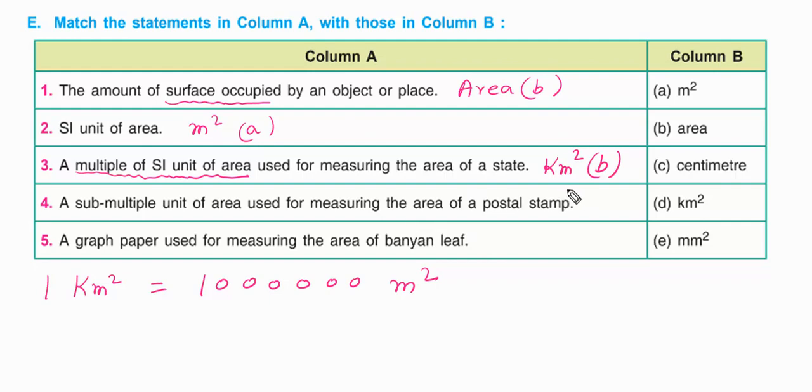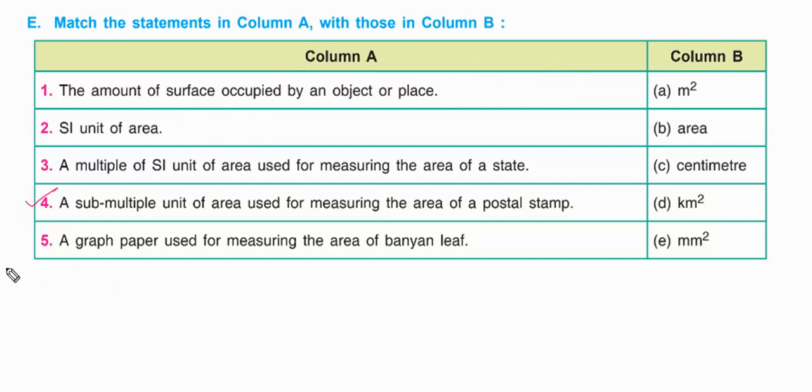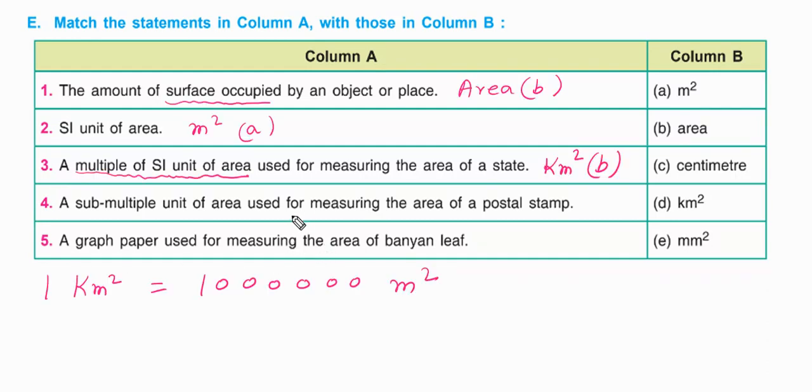A submultiple unit of area. Now we are seeing the fourth part. A submultiple unit of area used for measuring the area of a postal stamp. A postal stamp is very small, so its area should be measured in millimeter square. Hence option E should be matched here. A graph paper used for measuring the area of a banyan leaf.